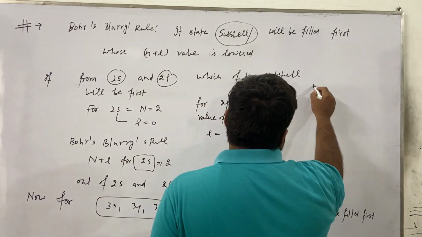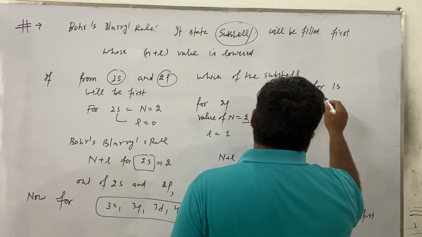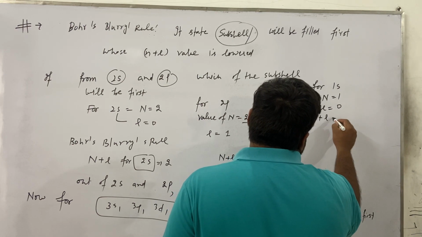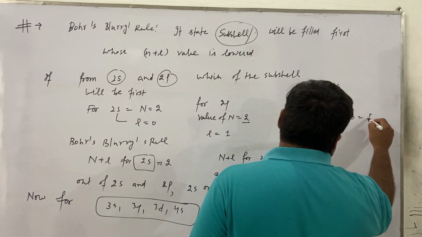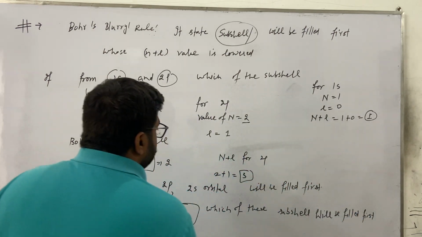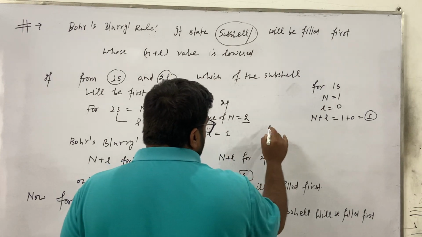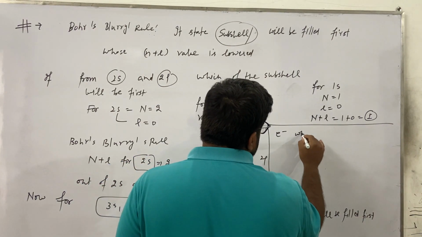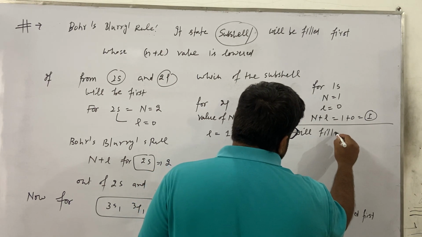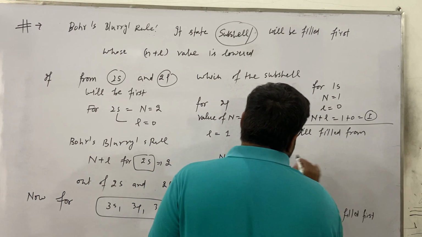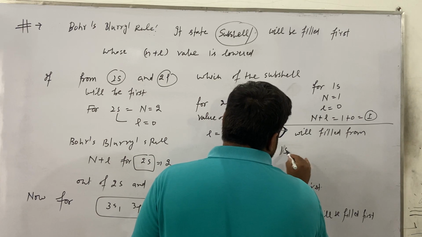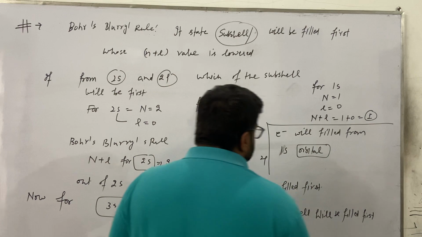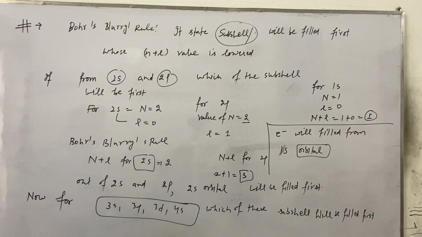For the 1s orbital, the value of n is 1, L is 0, so n plus L is 1 plus 0, which is 1. That means electrons will start filling from the 1s orbital, or you can say from the s subshell of the first shell.